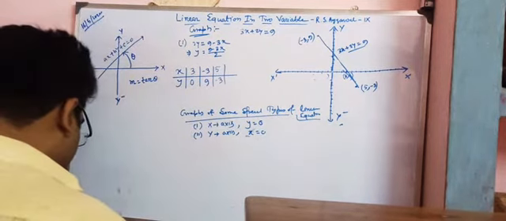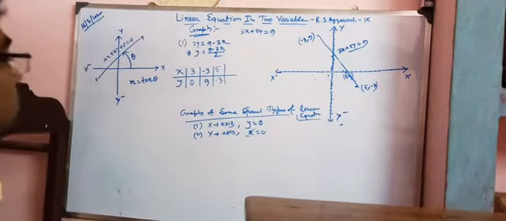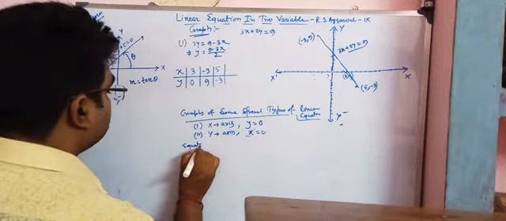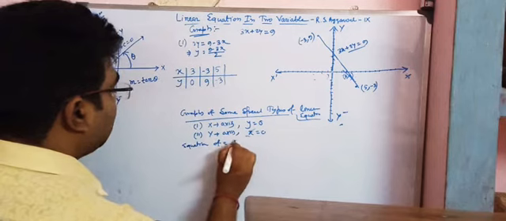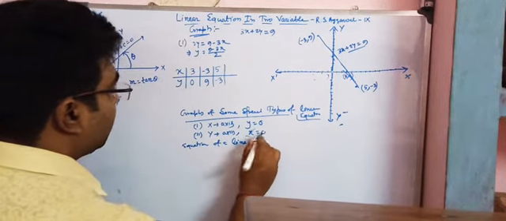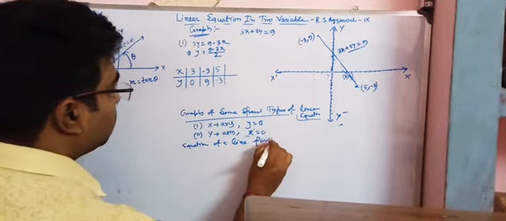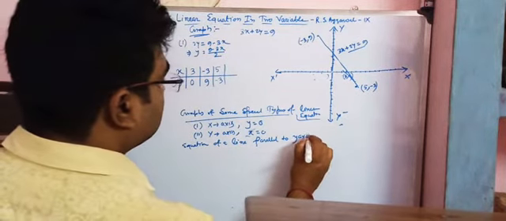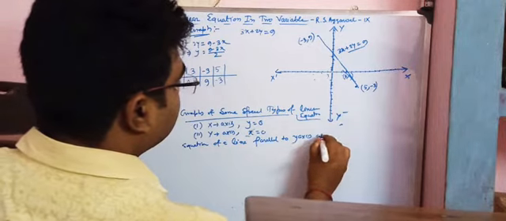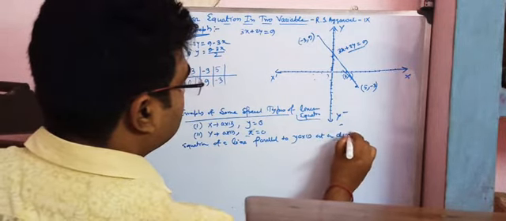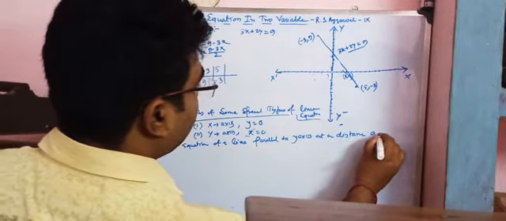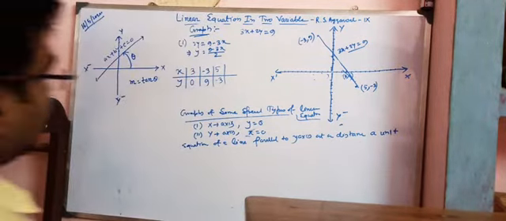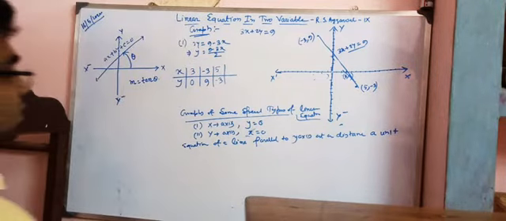All the values of x on the y-axis are 0, so we are taking x is equal to 0. Next, equation of a line parallel to y-axis and at a distance a unit. So what should be the equation?